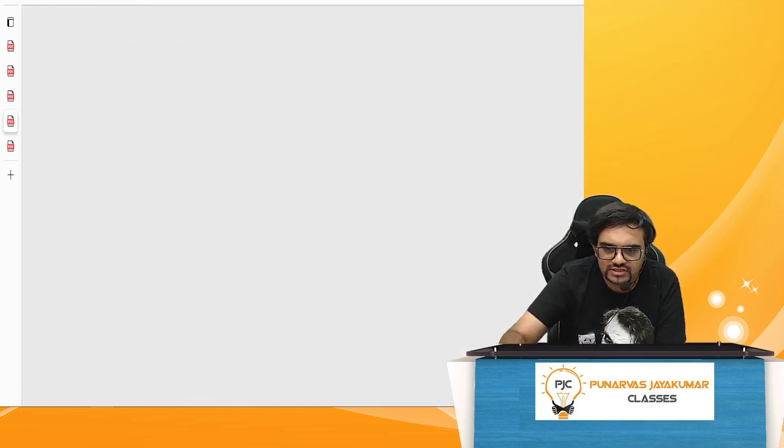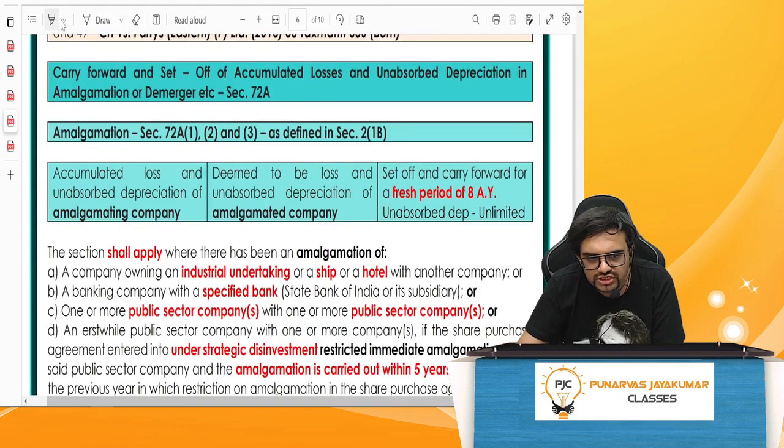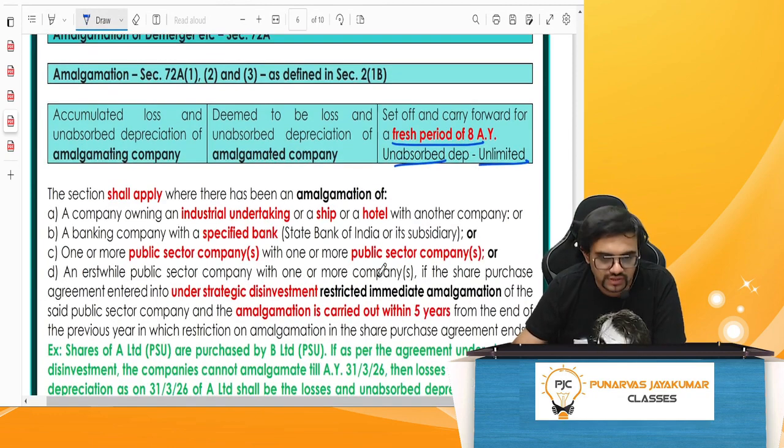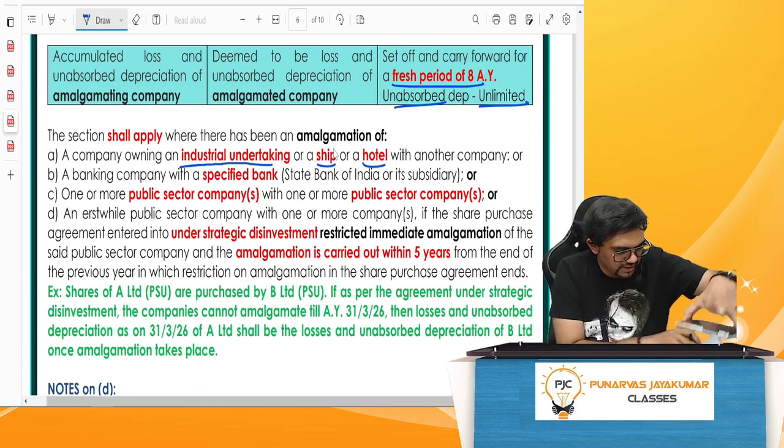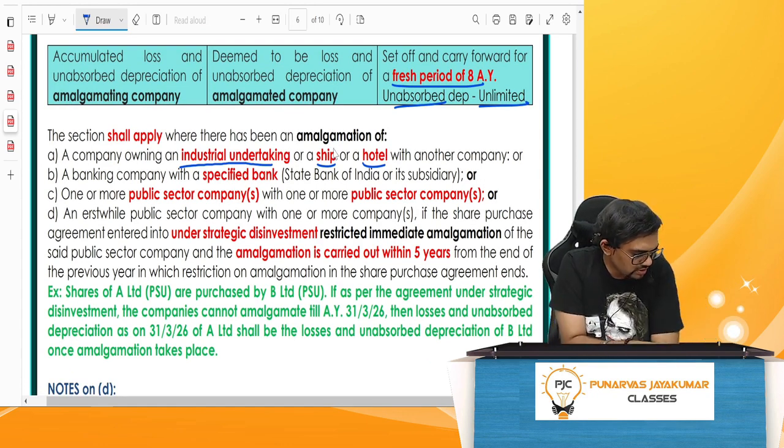Fresh 8 years. You will get fresh 8 years. Whereas unabsorbed depreciation is unlimited only for these companies. First one, where there has been amalgamation of a company owning an industrial undertaking or a ship or a hotel.